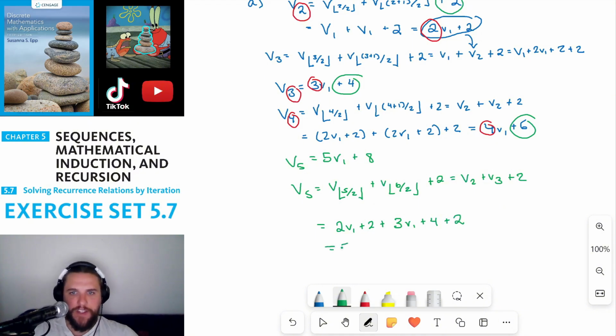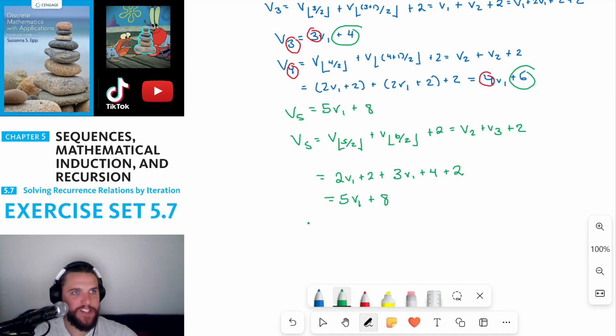If we simplify this, we get 5 v sub 1 plus 8, which is exactly what I predicted. Now, in this case, I think we should generalize before we substitute v sub 1 here. In general, v sub n is equal to n times v sub 1 plus 2 times (n minus 1).